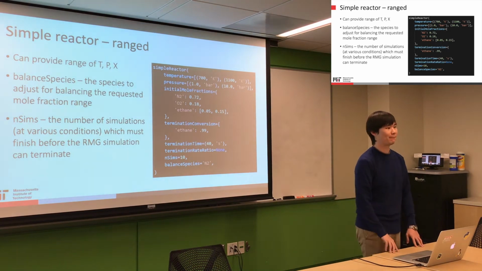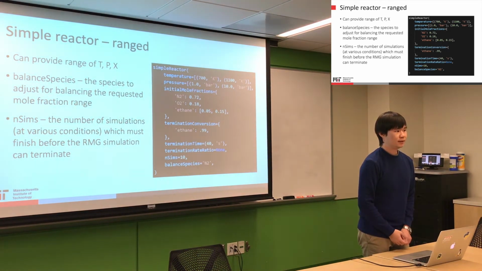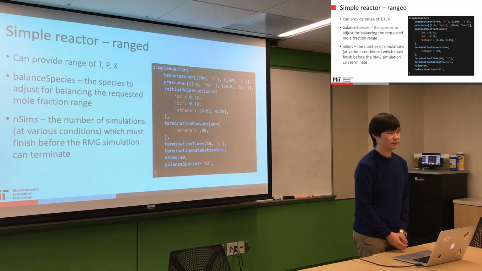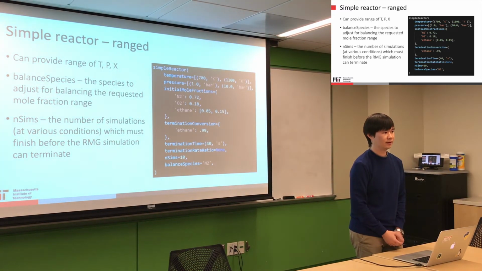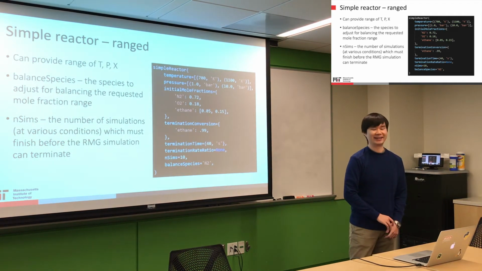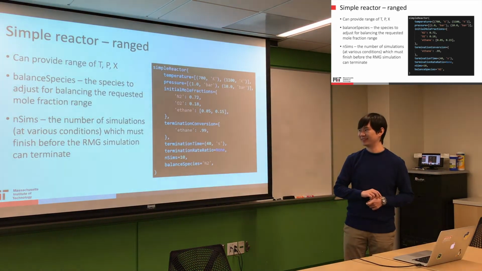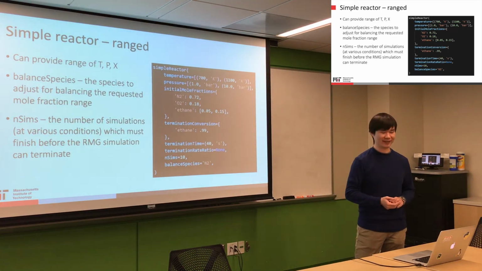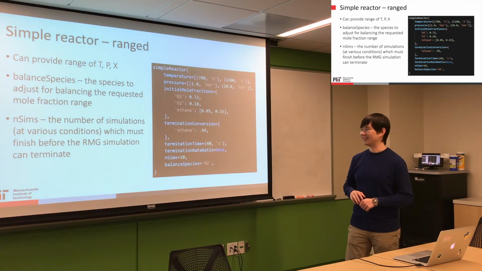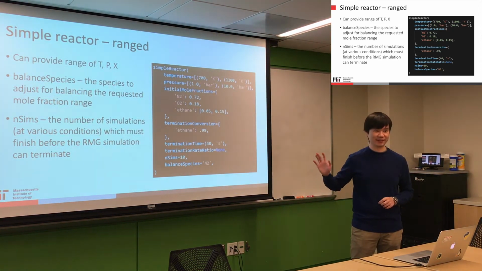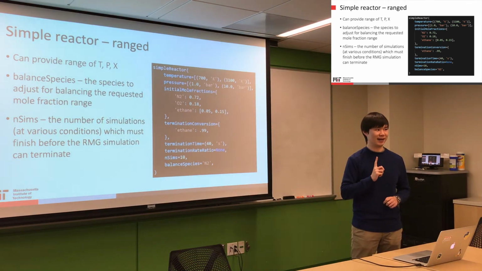Yeah? What is the output from something like this? Is it going to give you reactors that are important at condition 1, condition 2, or is it trying to give you something that's applicable for everything? Right. So the question is what's the output from something like this, and whether or not you'll get different mechanisms for different conditions. The answer is from any RMG job, regardless of how you specify the input, you will get a single mechanism.